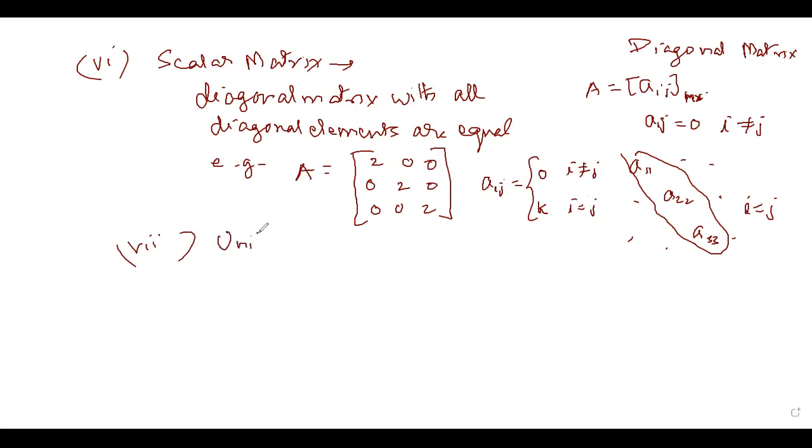It will play a very important role later on. Unit or identity matrix. Unit matrix is a square matrix. First of all, it is a square matrix. All are square matrices; scalar matrix is also a square matrix.